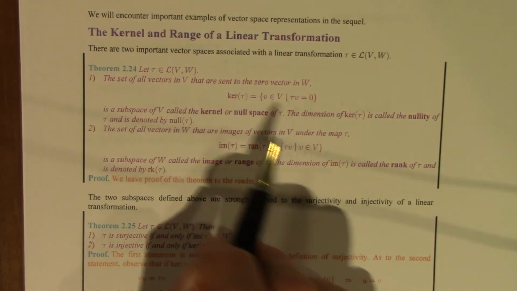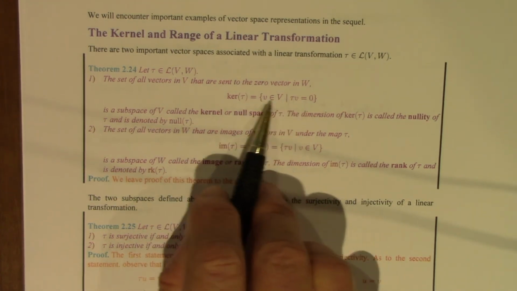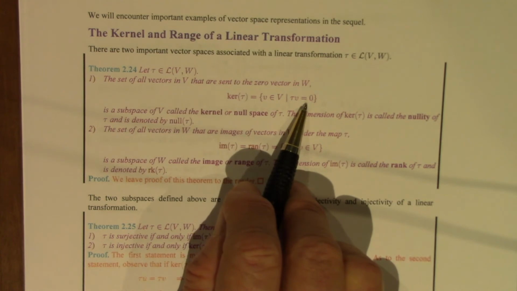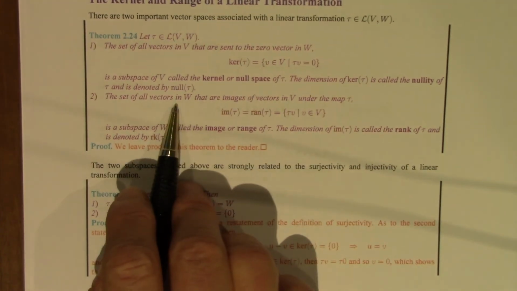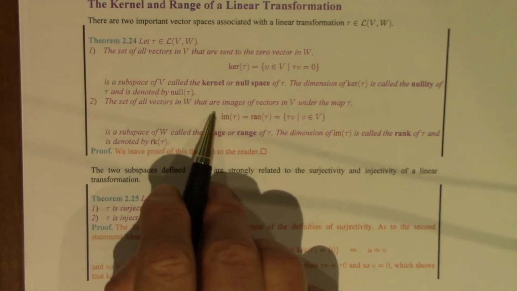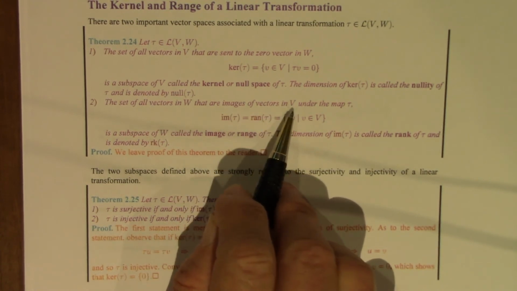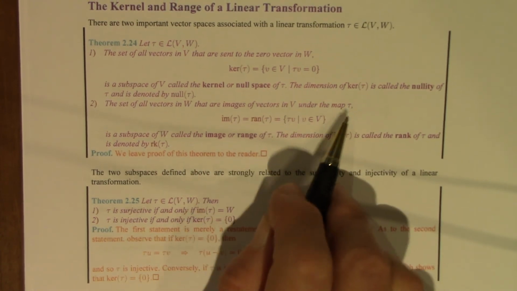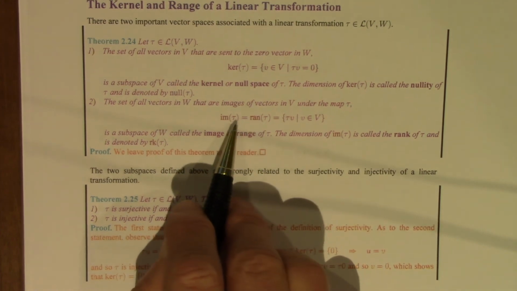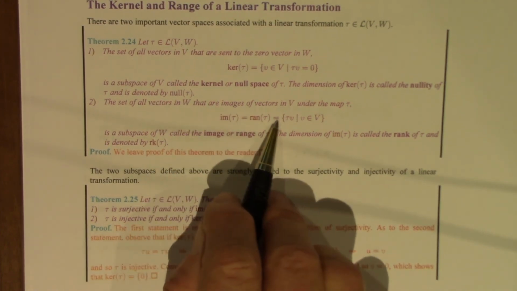I'm going to leave the proof of this theorem to you. It's not very difficult to show that this set is closed under linear combinations. On the other side, the set of all vectors in W that are images of vectors in V under the map tau, of course, this is simply the image or range of the function.